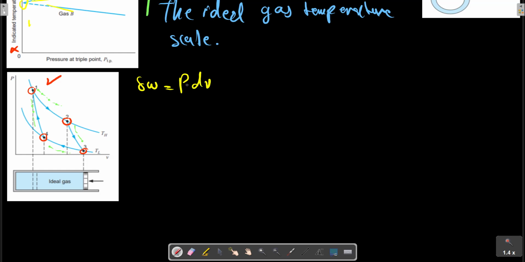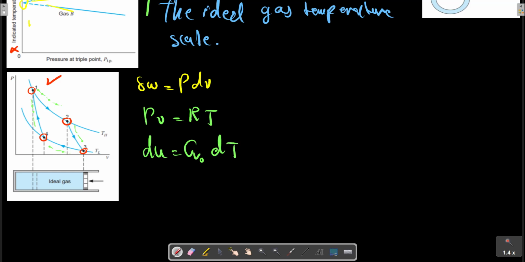Similarly, for each process, the gas behavior is the ideal gas, so we have P = RT. And the internal energy change for the ideal gas is C_V0, where 0 denotes the ideal gas, dT.